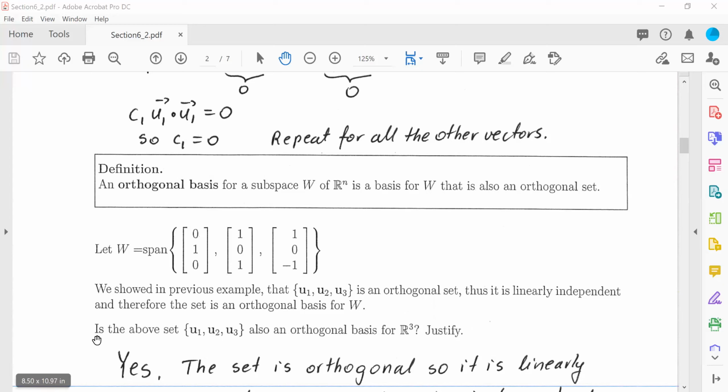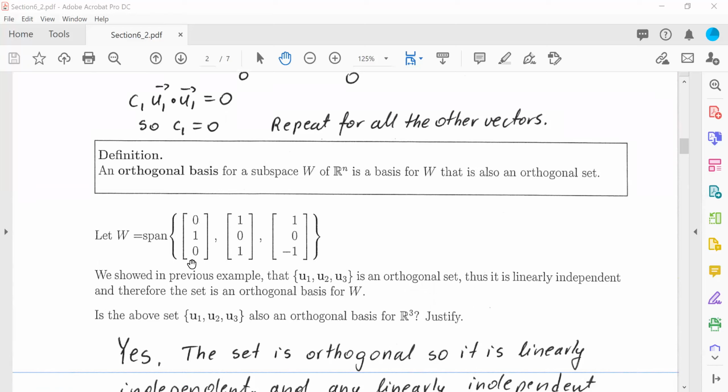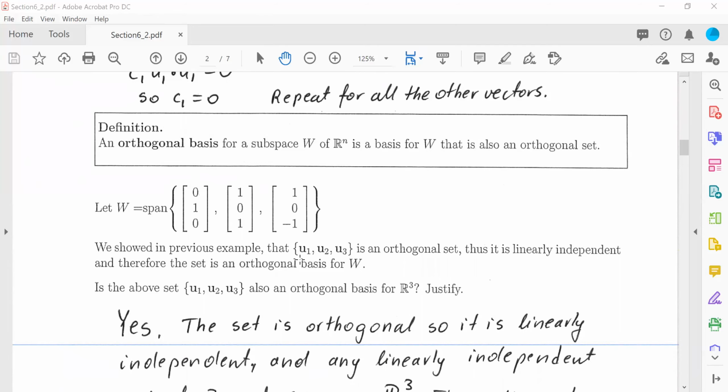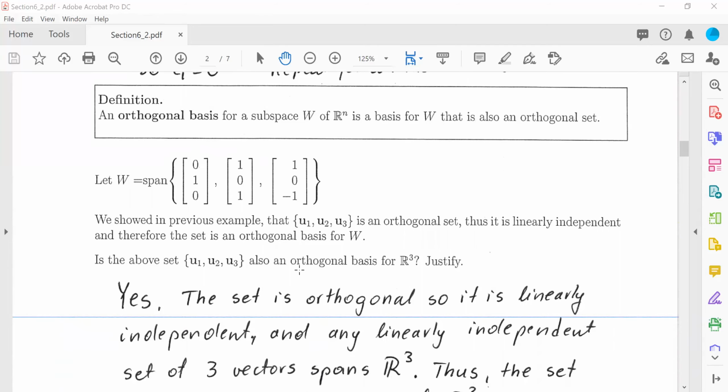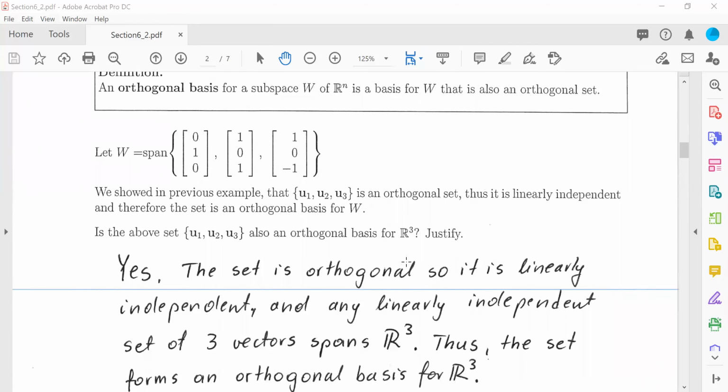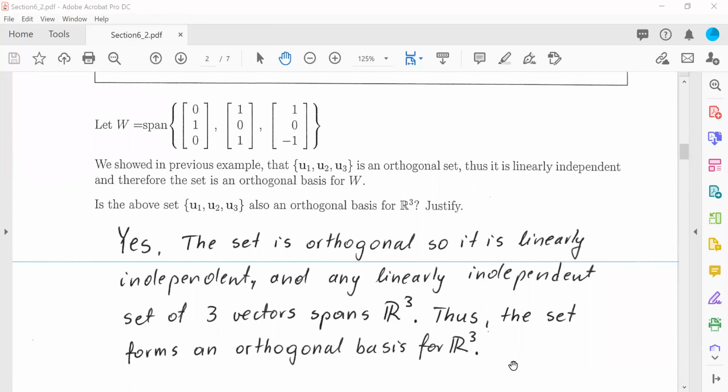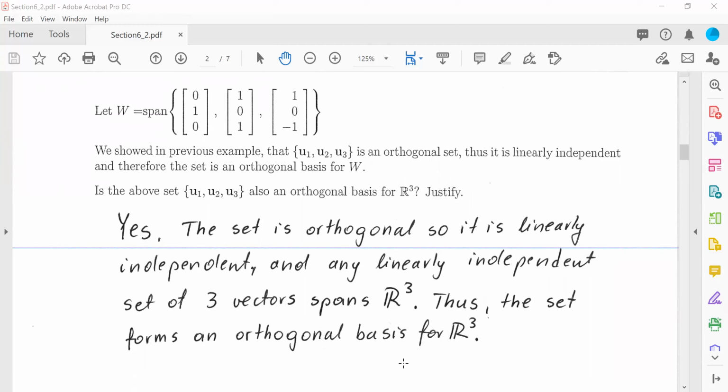Now the question: is the above set of those three vectors also an orthogonal basis for R3? Because we have three orthogonal vectors, that means they are linearly independent, and any linearly independent set of three vectors spans R3. So it's a basis for R3 and it's orthogonal. So indeed, it is an orthogonal basis for R3 as well.